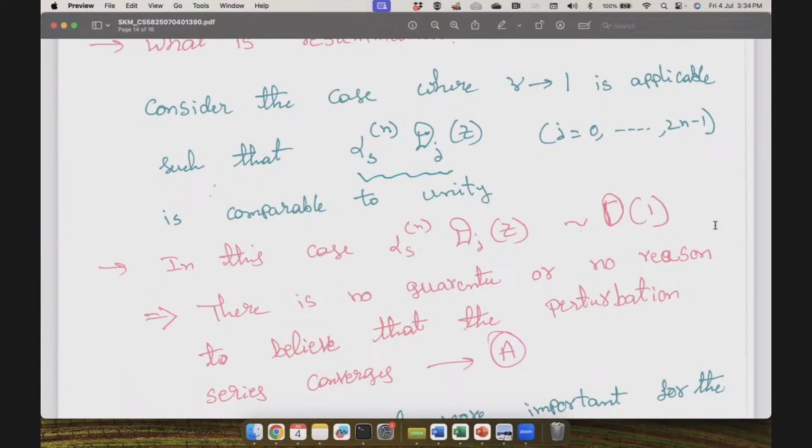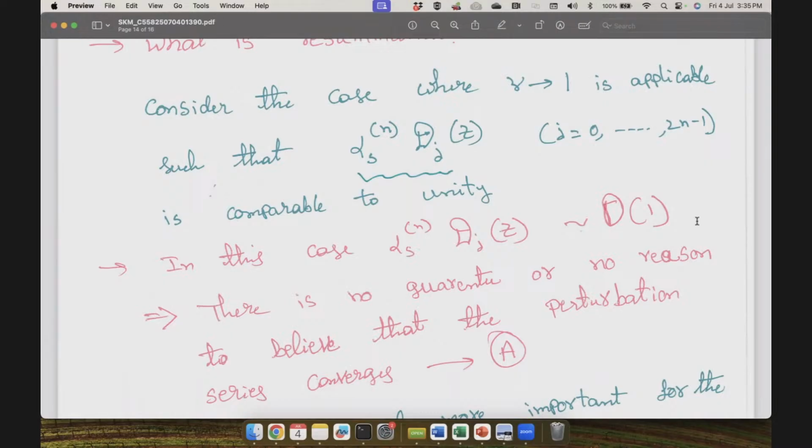The similar pattern repeats. Whatever contribution we see at nth order, the same pattern comes at the n plus 1th order. So if at nth order there was a contribution of the order of unity, at n plus 1th order that contribution will also be there. So 1 is not smaller compared to 1.